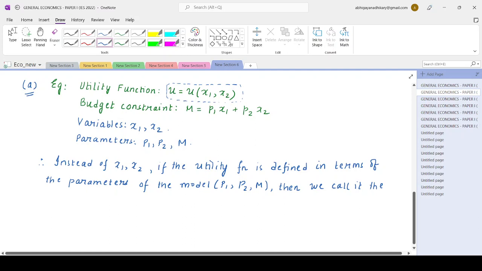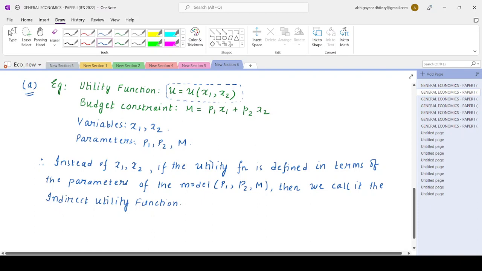That means from x1, x2, we shift to the variables being P1, P2, and M. We call it the indirect utility function. This is the primary idea that I want to pitch.